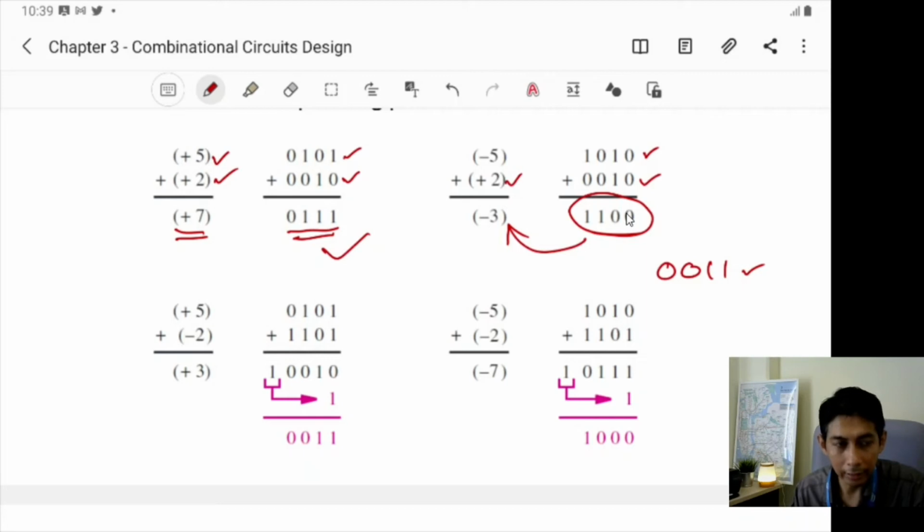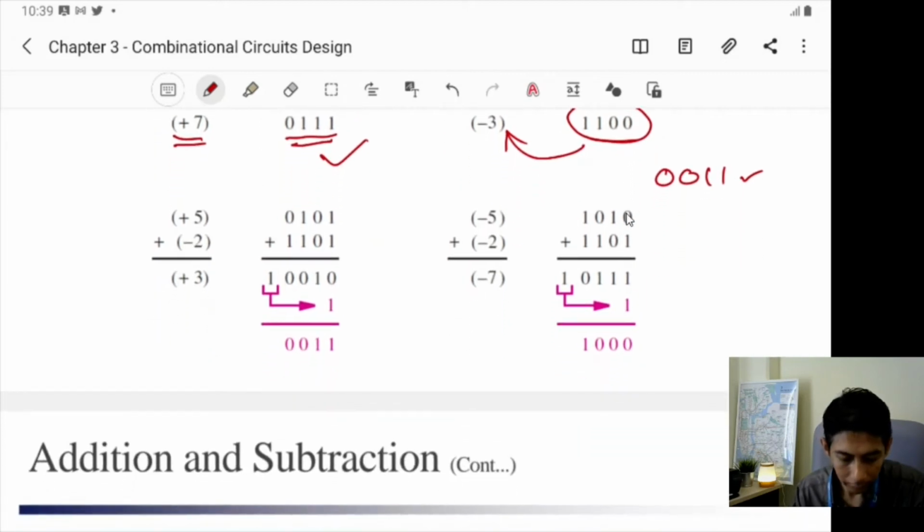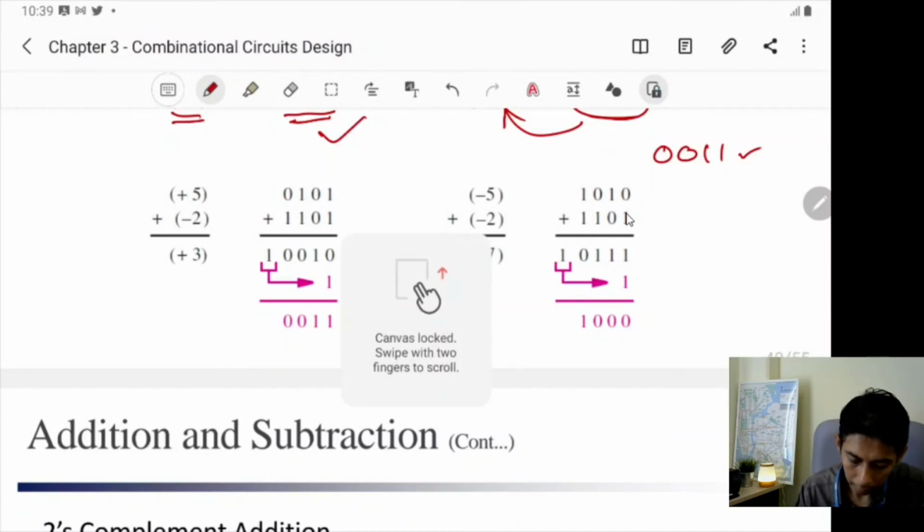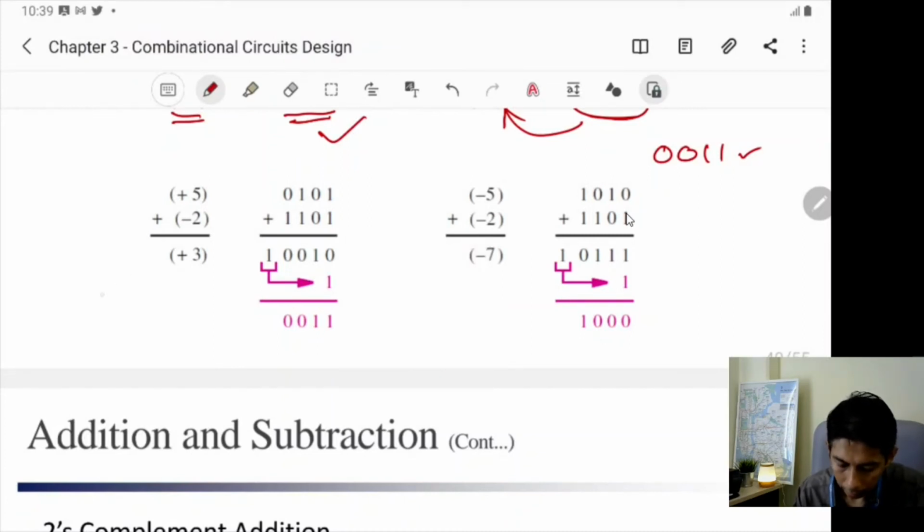And the interesting thing is, look at this part. +5 plus -2. This means positive 5 minus 2, right?